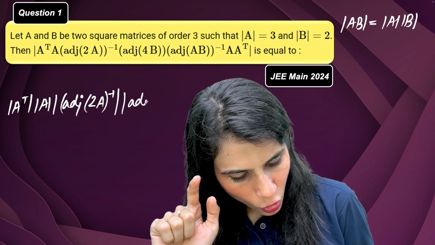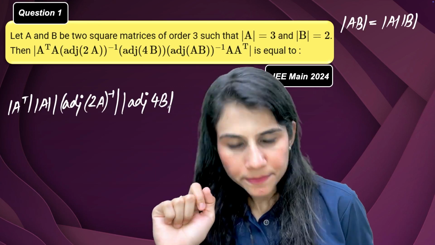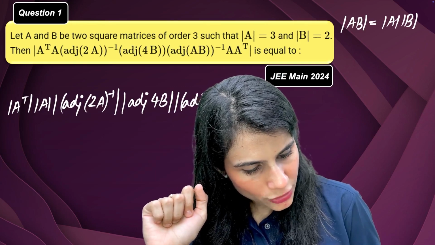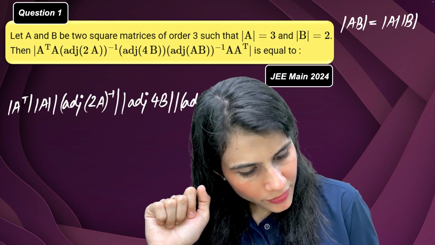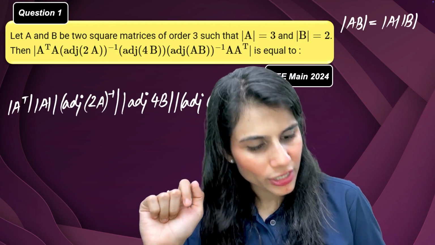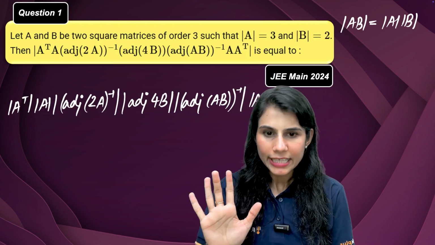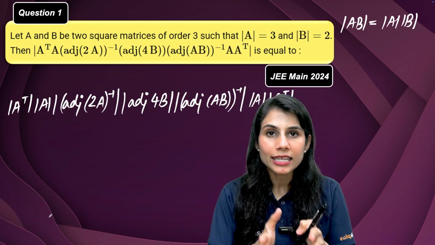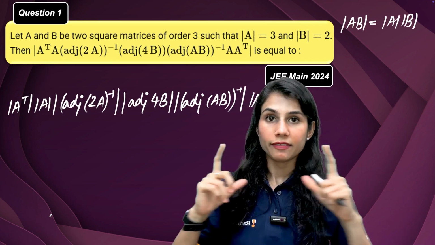So determinant of adjoint of 4B. Correct? Next up is adjoint of AB inverse. Adjoint of AB and then inverse. That's it. Next is determinant of A. Next is determinant of A transpose. I just broke my determinant onto every single matrix written in the expression.